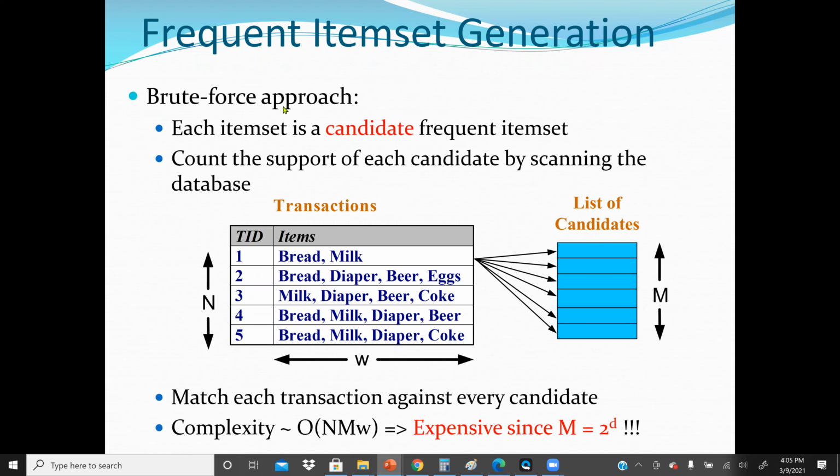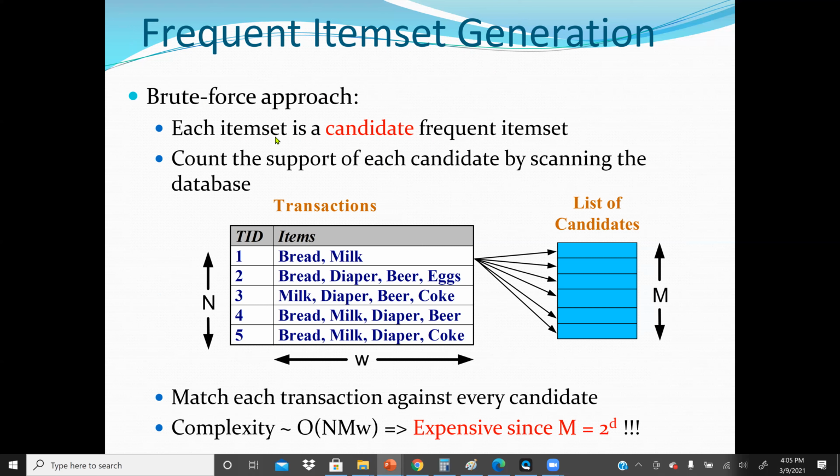So that's the brute force approach. We say that each item set is a candidate frequent item set. When we go through the Apriori algorithm, some of the item sets will not be frequent item sets, so we are going to reduce the rules.